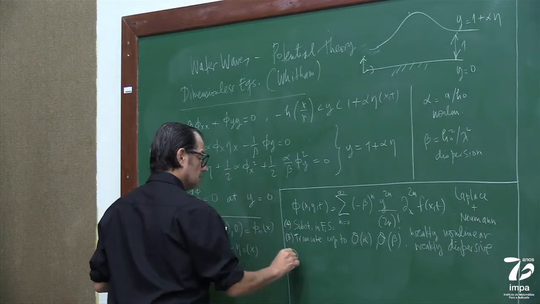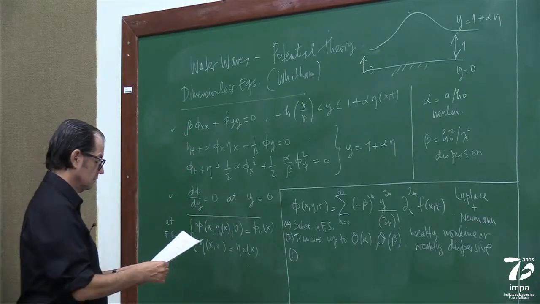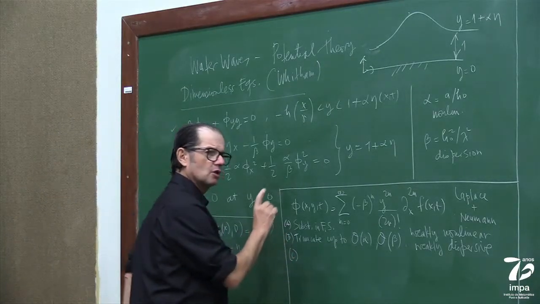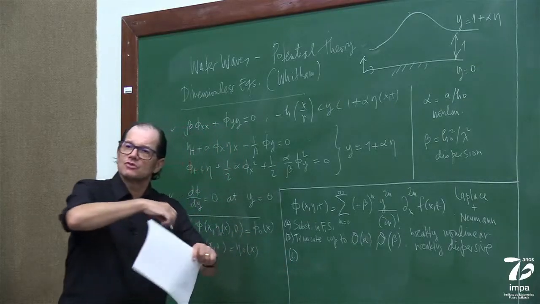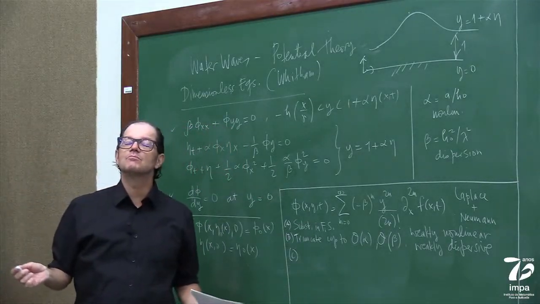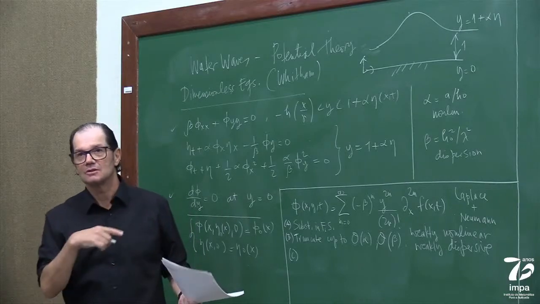and C, we found, as you will see today, we have infinitely many Boussinesq-type systems. So you understand what I mean.